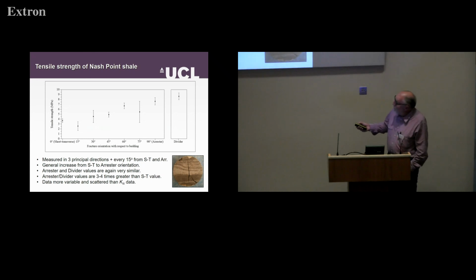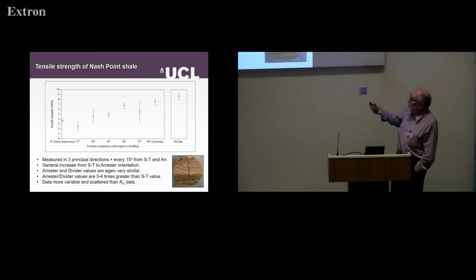So here again we've measured it in the 3 principal directions, and every 15 degrees between the short transverse and the arrestor orientation. And again we see this general increase and an anisotropy of a factor of between 3 and 4 between the bedding normal directions and the bedding parallel directions.